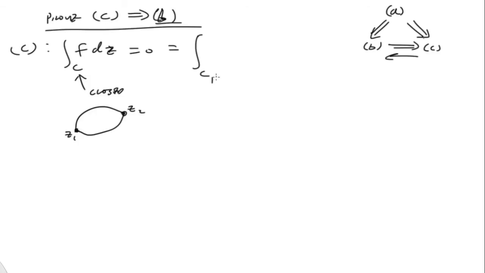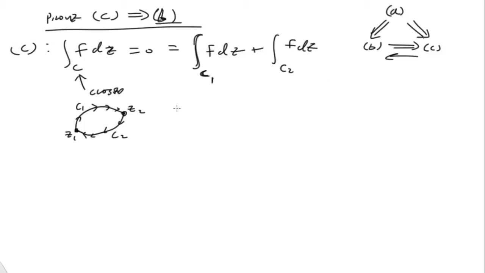I can always write this as C1 and C2, and that is the integral of f dz plus the integral over C2 of f dz.